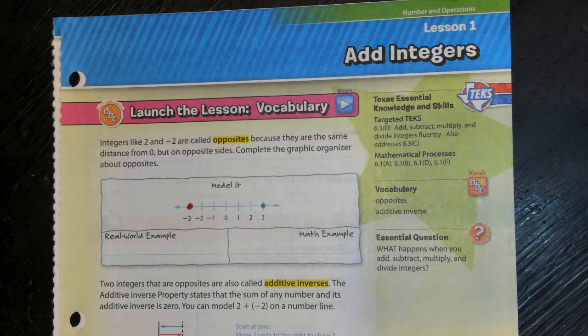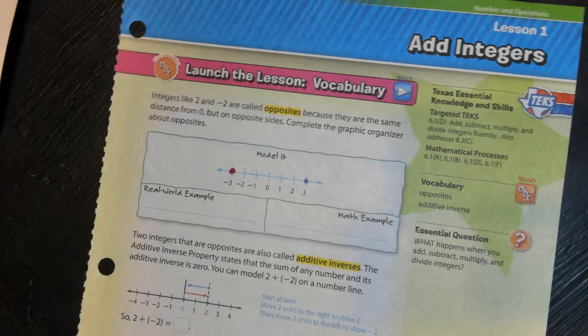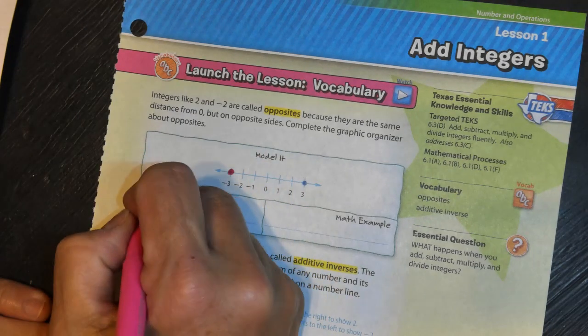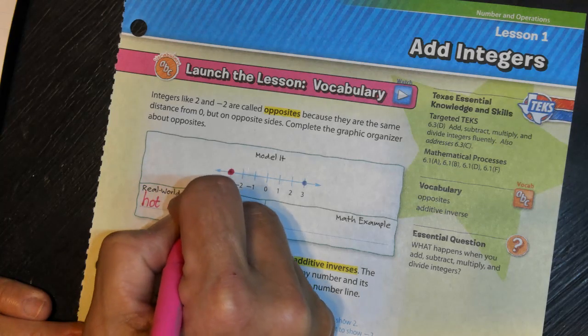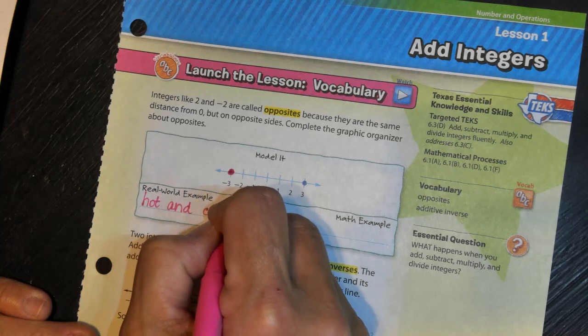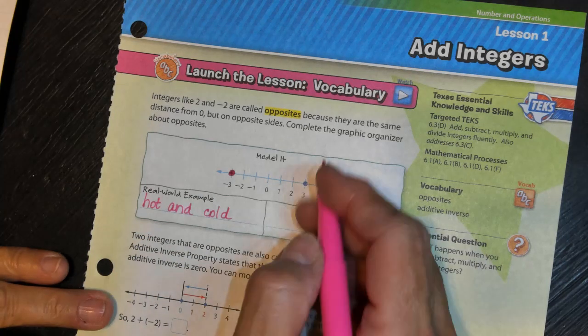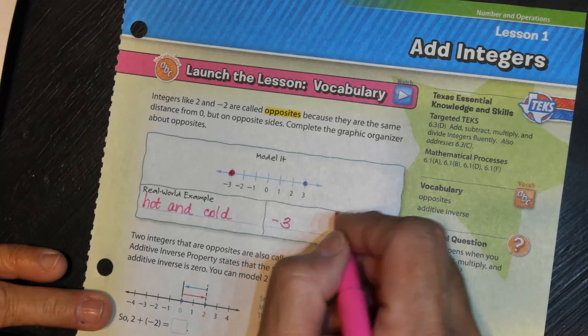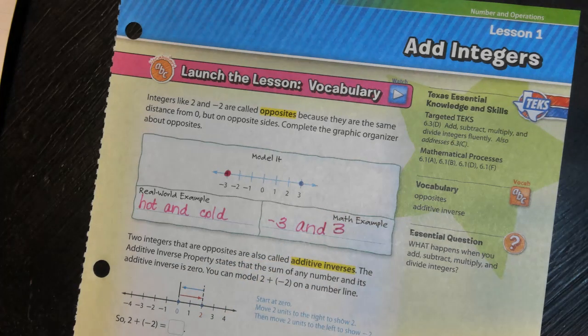An example of opposites might be something like hot and cold. And a math example could be -3 and 3, like we have on the number line.